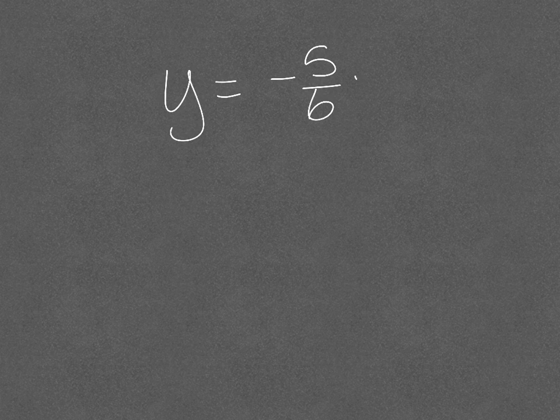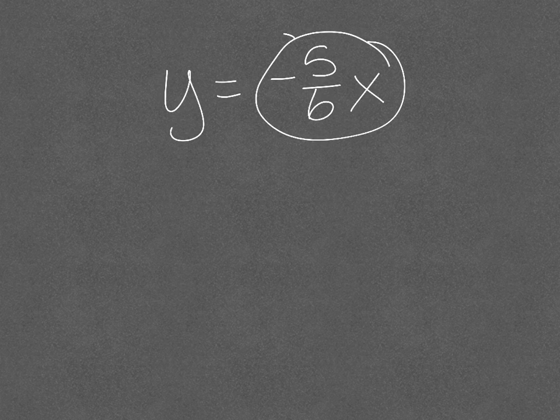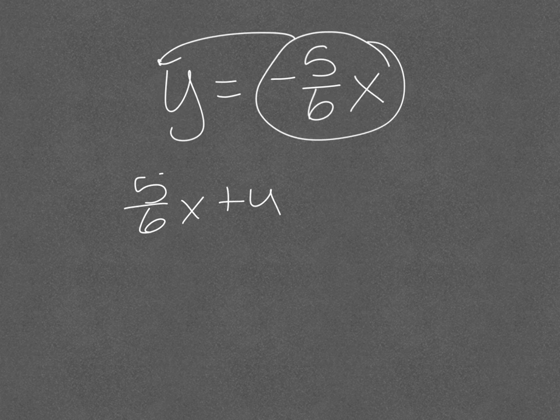Let's see. What if I have y equals negative 5 over 6x? Well, if I move this x over here with the y, I get 5 over 6x plus y equals, nothing's left over here.